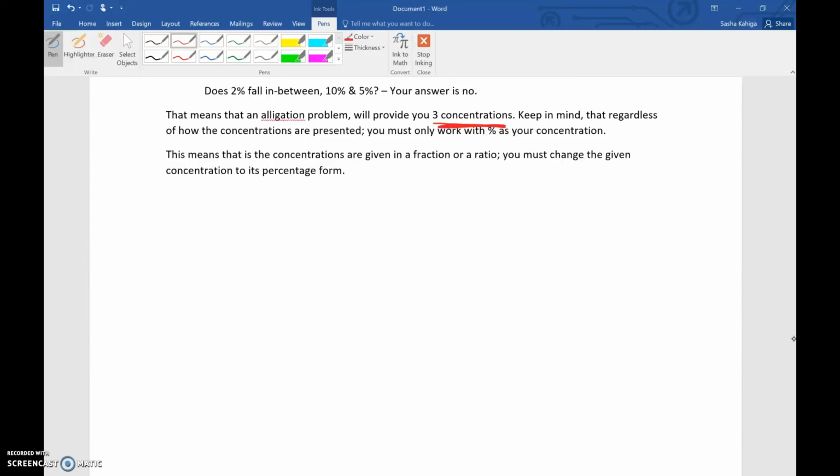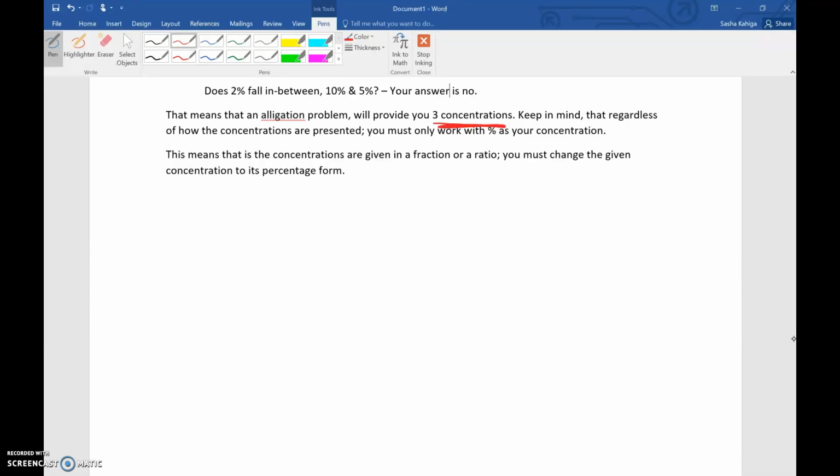In dilutions, you're only taking 1 stock concentration and lowering the strength. In allegations, you're taking 2 stock concentrations and combining them together to lower to a strength that falls in between those 2 stock concentrations.